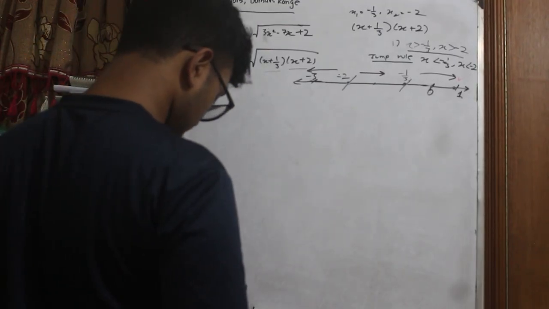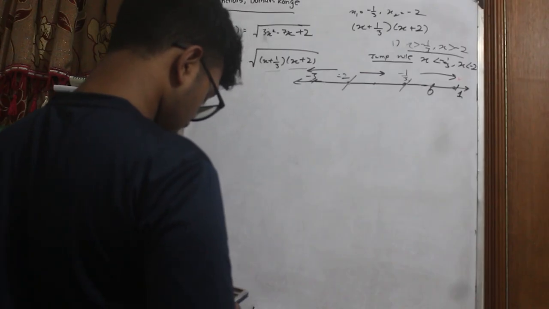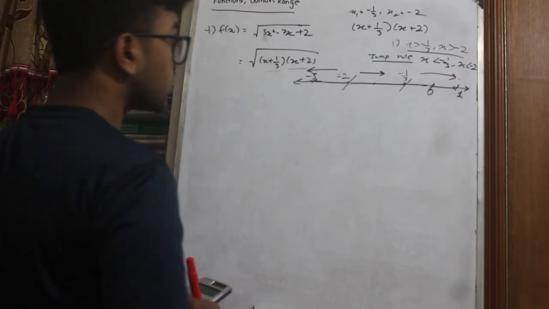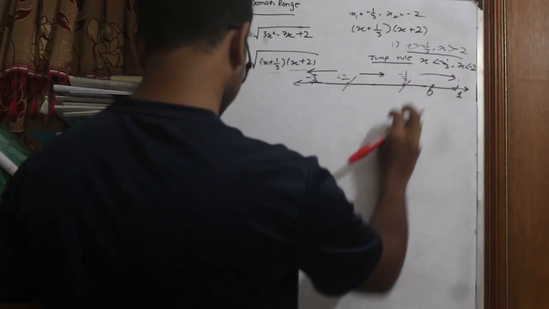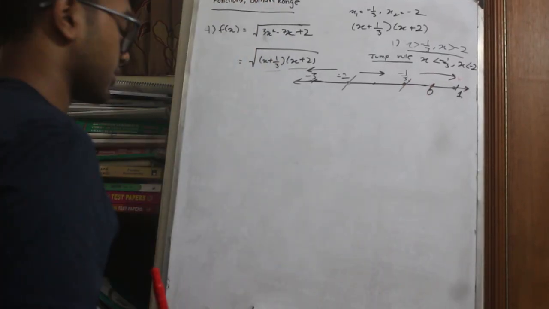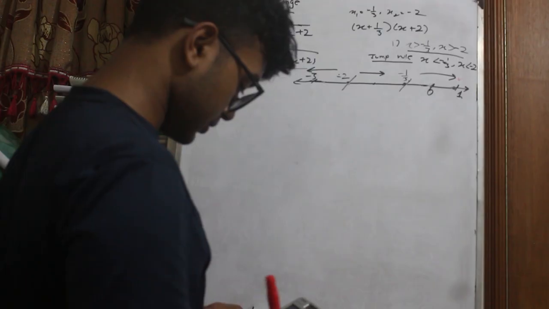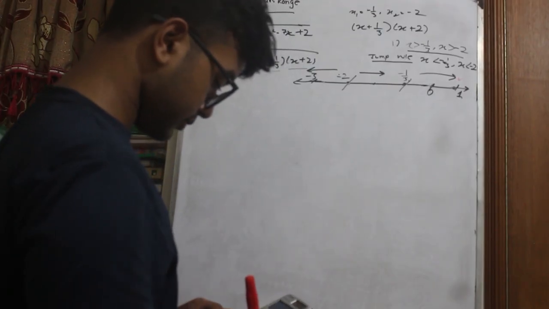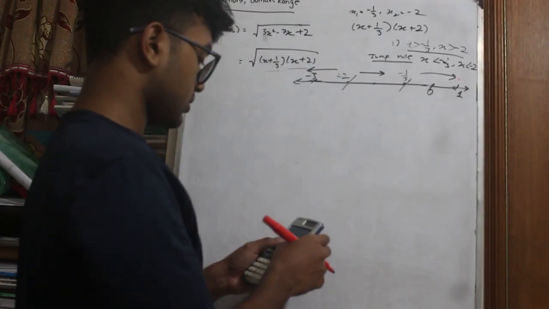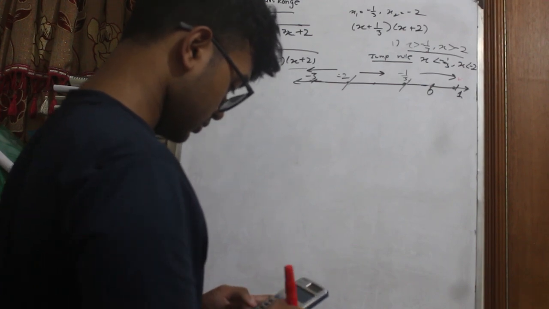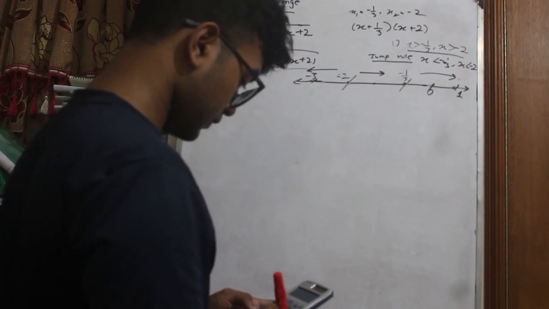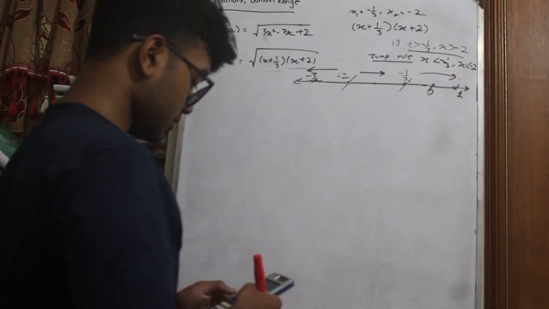Minus 1 by 3 minus 1 by 5. Okay, my minus 1 by 5 is actually greater than minus 1 by 3. So if we put a fraction, minus 1 by 5 is minus 0.2.